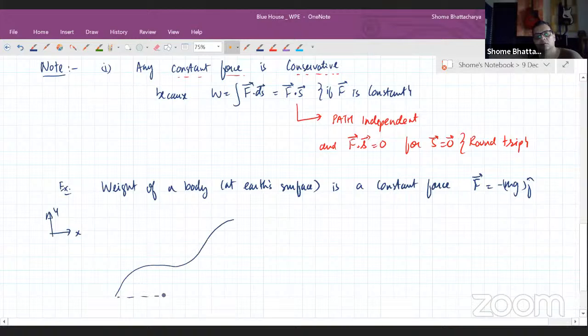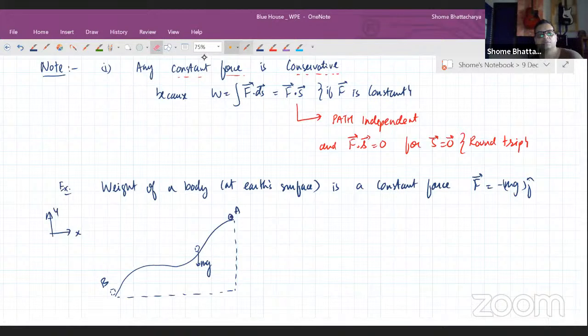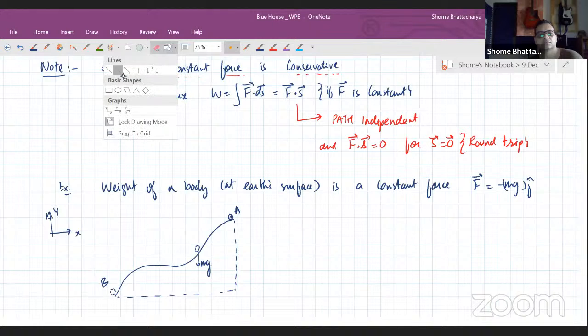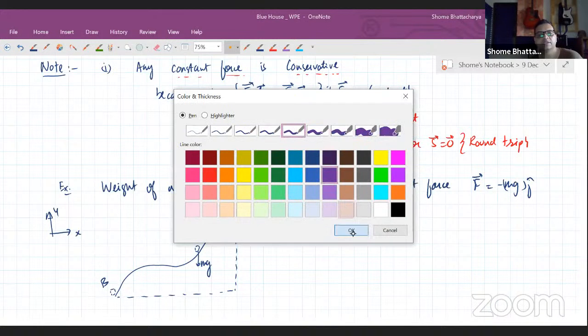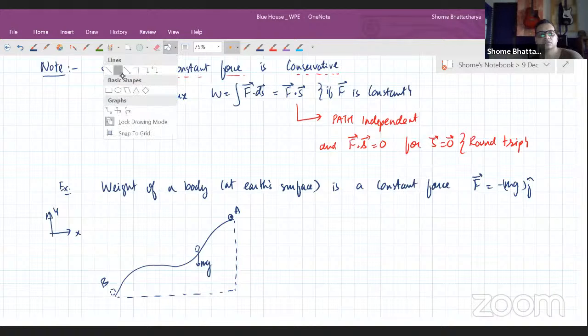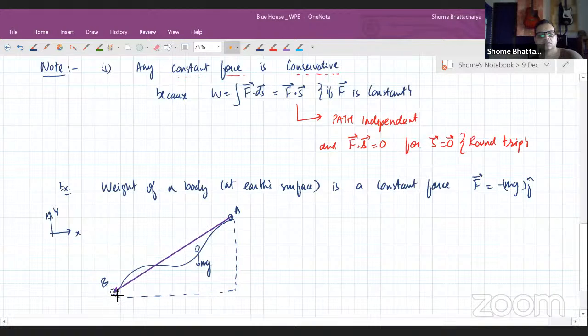Now if a body is sliding down from this initial position, let's say A, to this final position, let's say B, while it is sliding down, mg is continuously acting like this. So what happens here is that the work done is independent of the path. It only depends on this displacement and this mg.